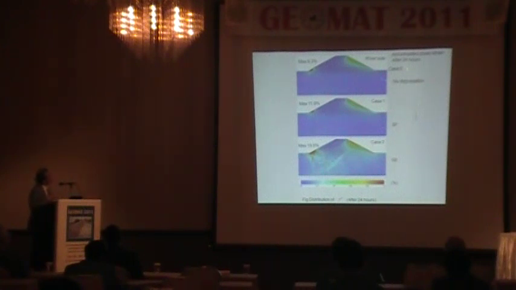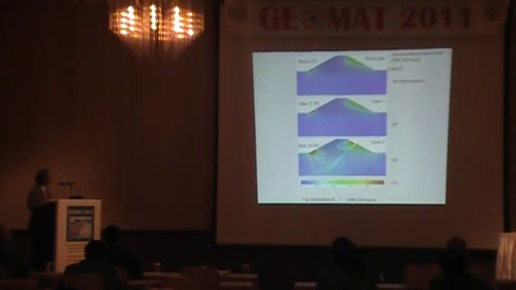For this case, we can observe the larger value of the accumulated strain at the top of the embankment. This is the left side and the right side. And case 1 gives a larger value, and case 2 is more, 20% higher.